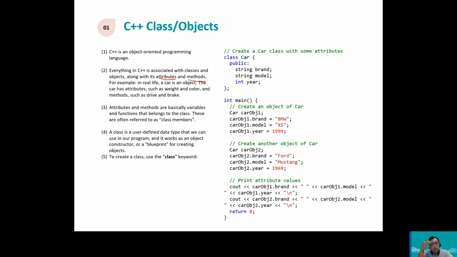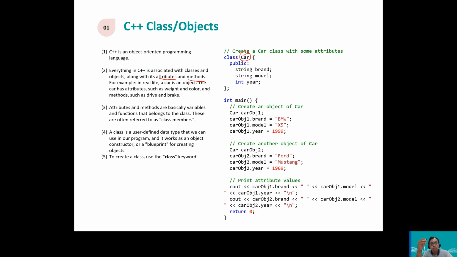For example, in real life, a car is an object. When we try to represent it in a C++ class or object in programming, we have the car here, and it has attributes such as weight, color, brand, and the manufacturing year.